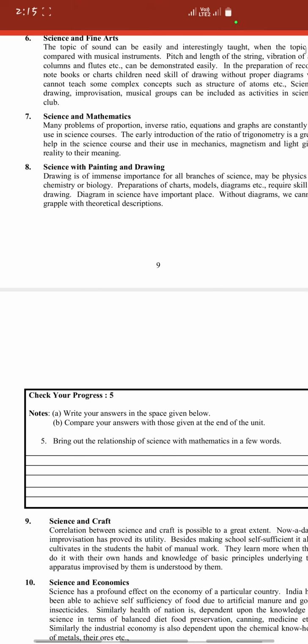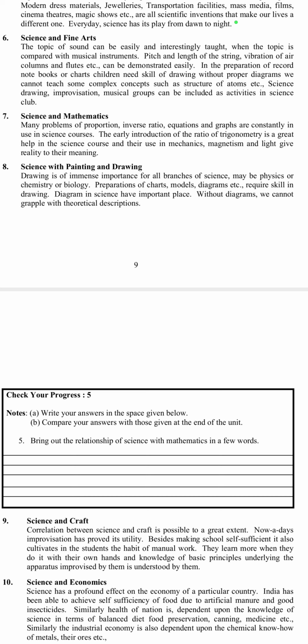Okay? So next we have science with painting and drawing. As we all know, drawing is of immense importance to all branches of science. So when we say drawing, it is particularly about sizes and shapes, and also the diagram or even the chart is involved in painting and drawing and its connection with science. And as we all know, without diagrams, we cannot grapple with theoretical description.